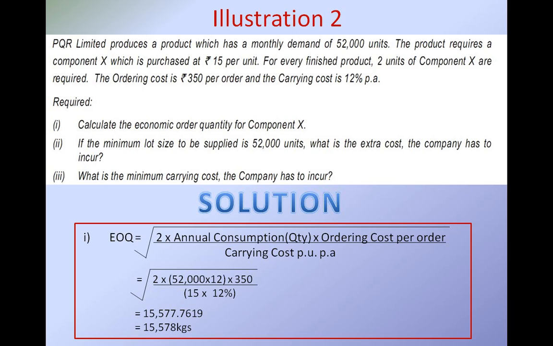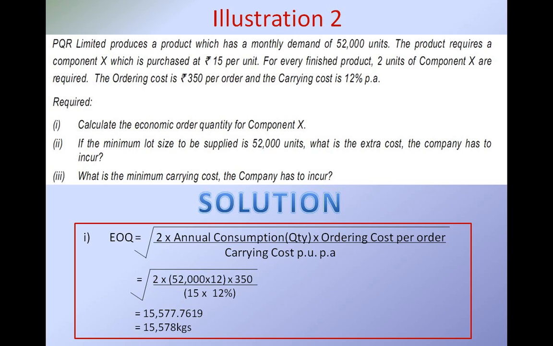Now they are saying we can't buy from the wholesalers at 15,578. The lowest possible order that can be placed is of 52,000 units, which means that the ordering cost and the carrying cost will not be low. It will be much higher than when ordered at the economic order quantity.